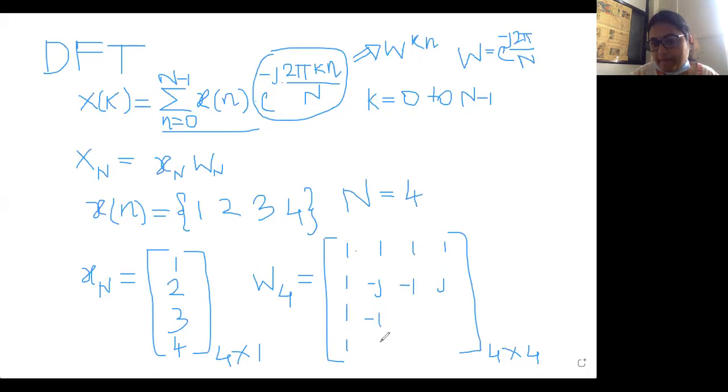What is the value here? 1. What is the value here? Minus 1. So this minus 1 will be here again. And what is the value here? Minus j. So this is a very simple matrix.